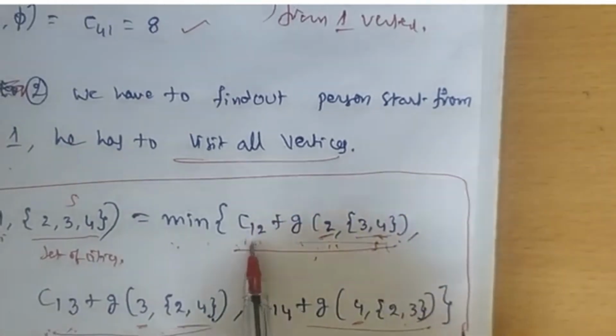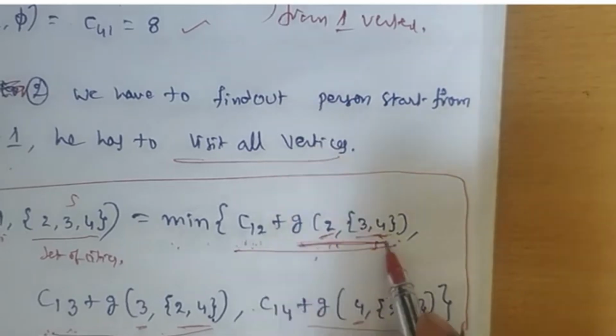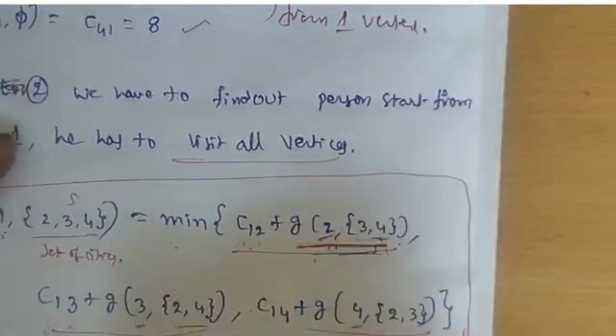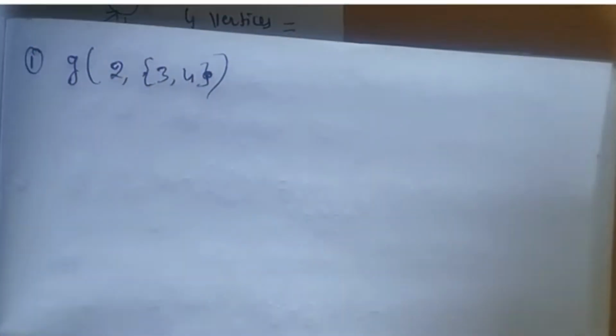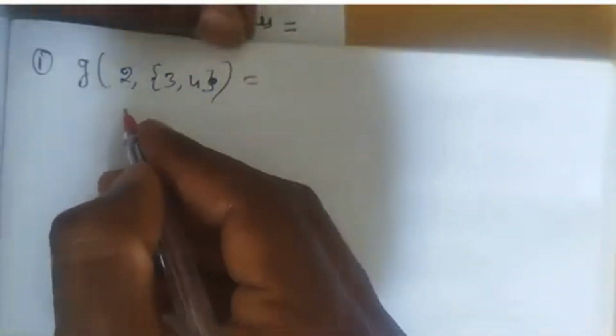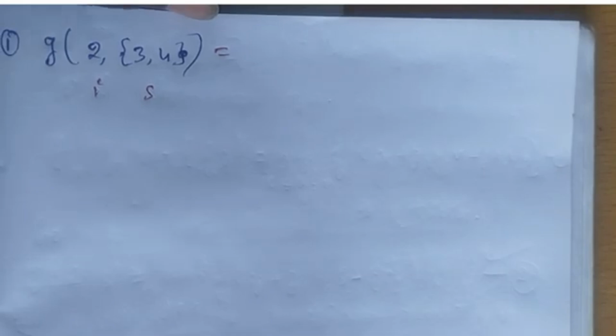We know what the C12 value is, so we have to calculate this part, and this part, and this part. To calculate, what is the value here? Again the same formula, the part is G of 2, 4. Here this is the I value and this is the S value. We have to treat this as I and J.